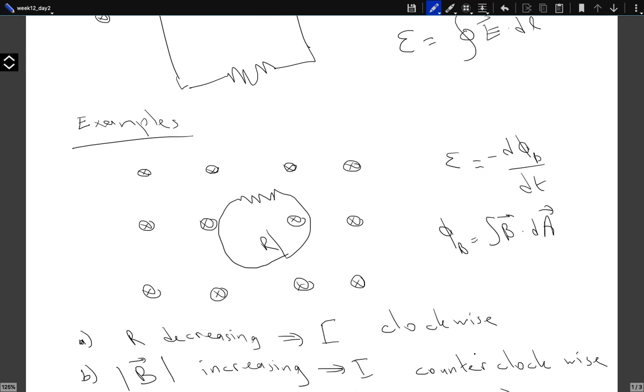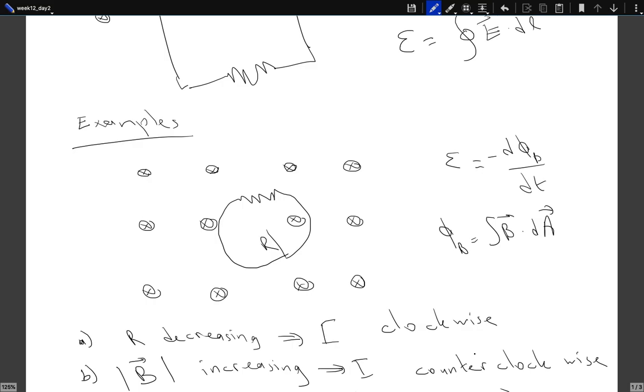At least in the first case, the reason for the EMF was that the wire was moving around, it was shrinking. But let's look at this one. The wire is constant, so there's no Lorentz force, no magnetic force due to the motion of the wire at least. But still, if B is increasing, there is an EMF. So what creates that EMF?